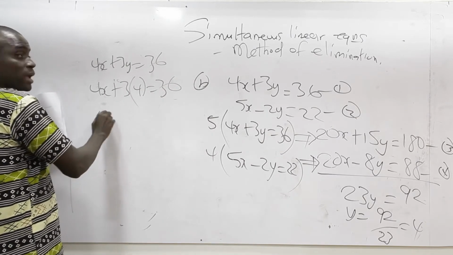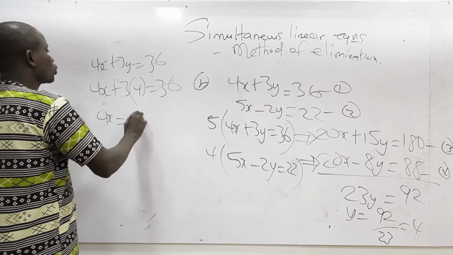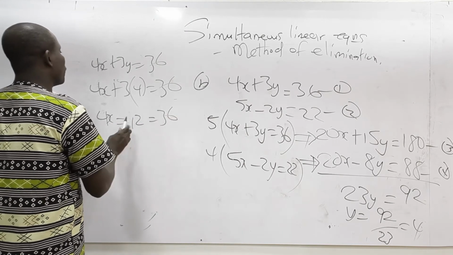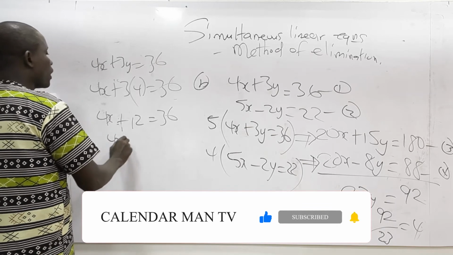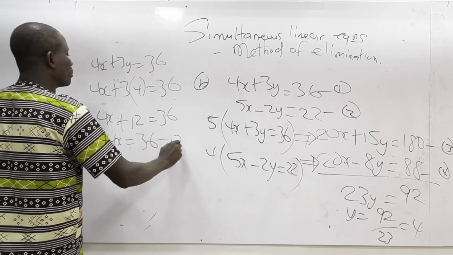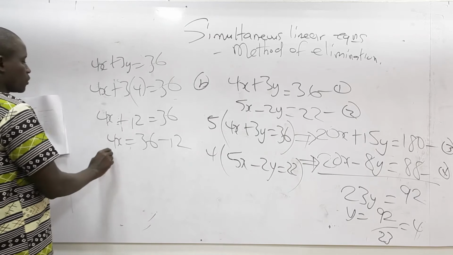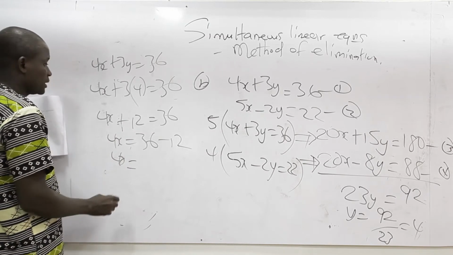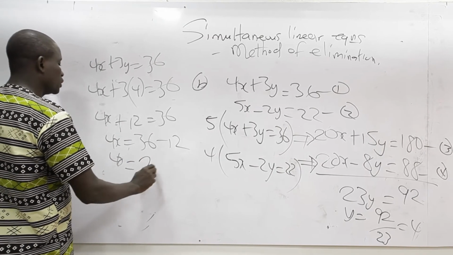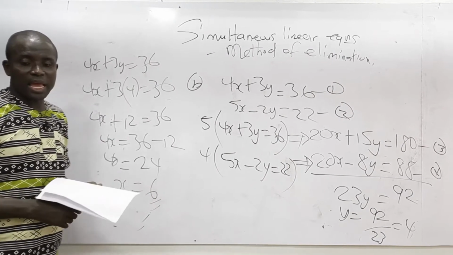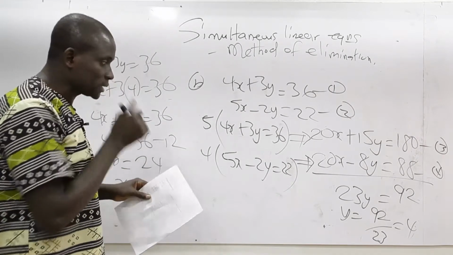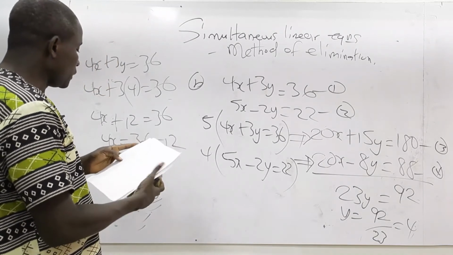Okay, so 4x plus 12, sorry, is equal to 36. So 4x is equal to 36 minus 12. So 4x is equal to what? 24, and x is equal to 6. Okay, x is equal to 6. So that is that about the b.